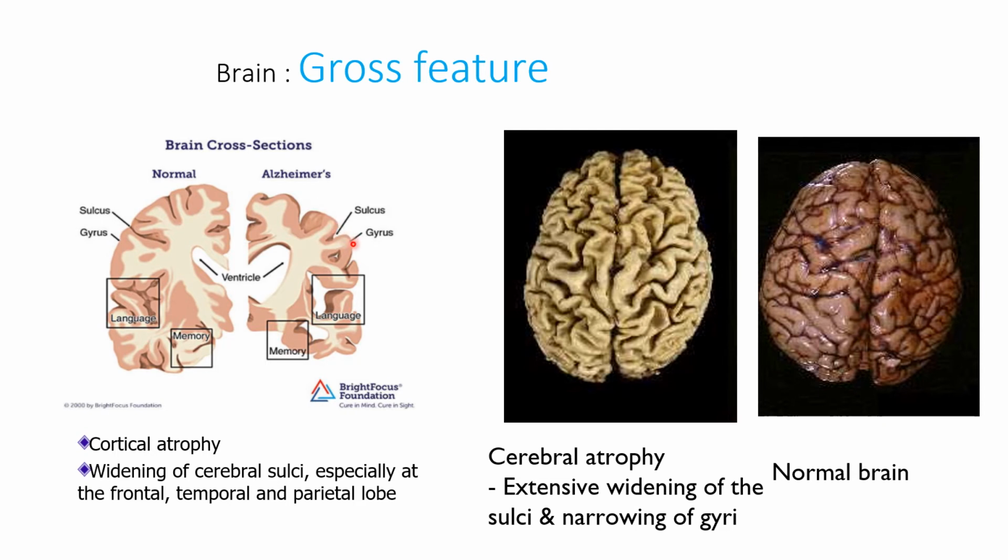See, the sulcus here is wider compared to the normal one. So the sulcus here is wider compared to normal brain, and the narrowing of the gyrus. So this is one gyrus is narrowed here, compare here to here.